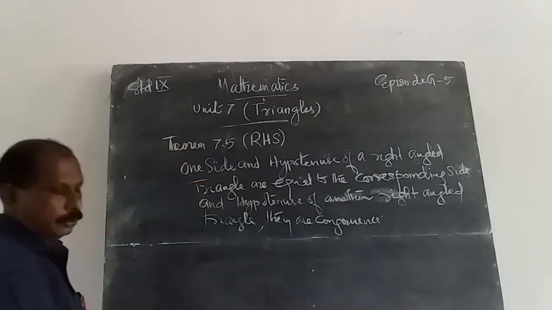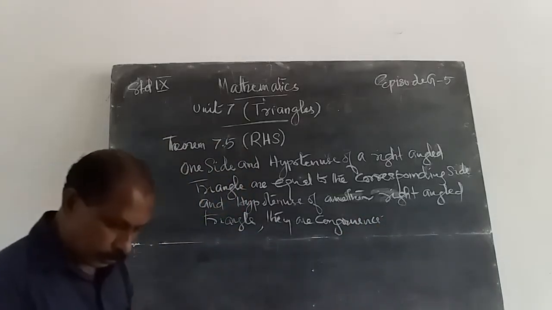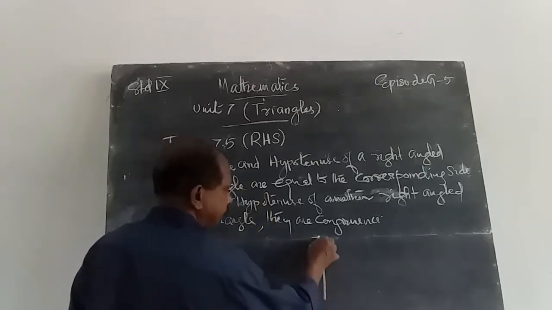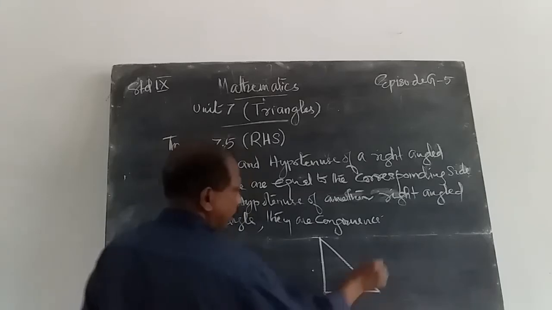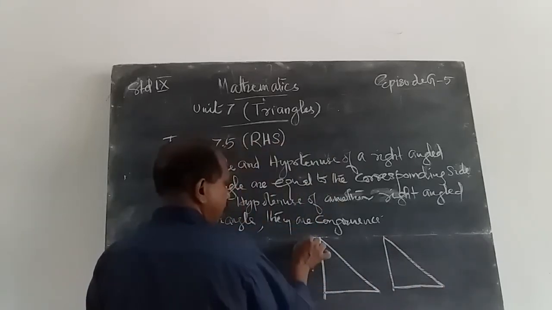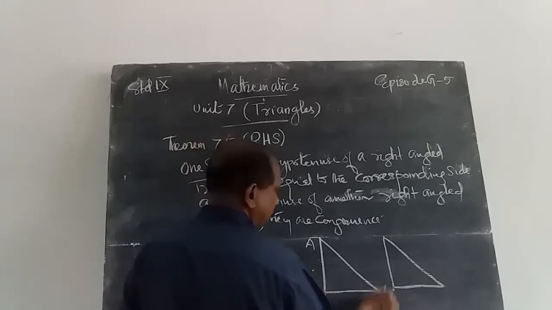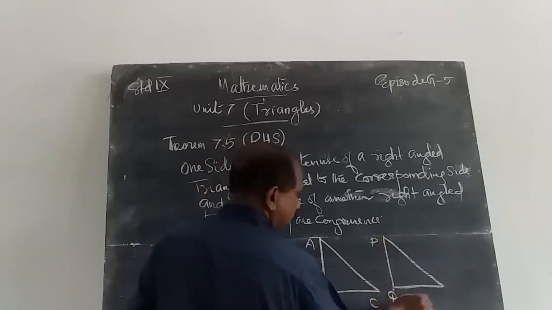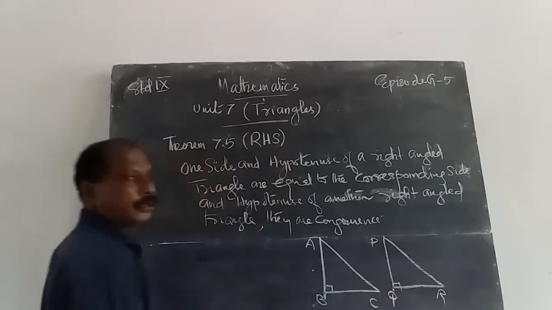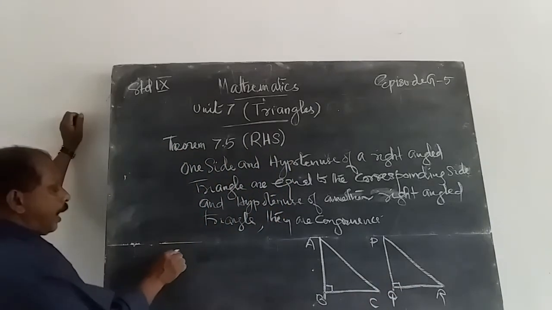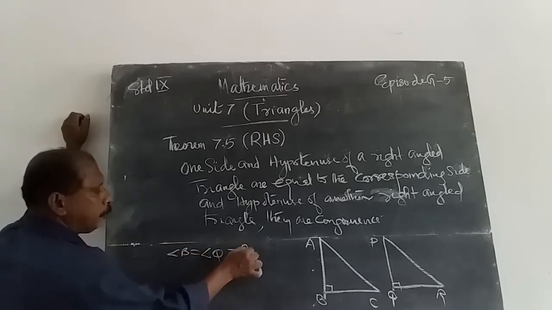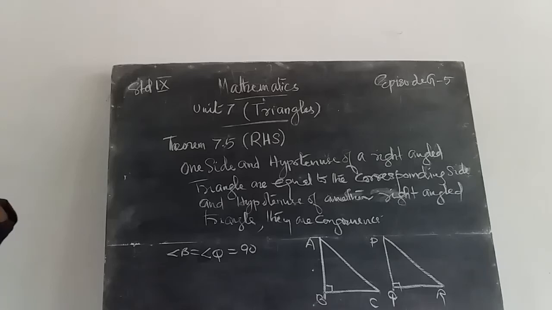That is theorem number 7.5, that is RHS. The illustration for that one is triangle ABC and triangle PQR, angle B and angle Q are 90. That means angle B is equal to angle Q is equal to 90 because they are right angle triangles.